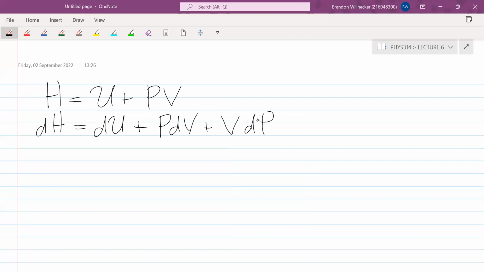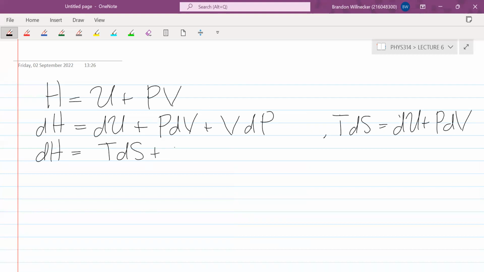Okay, so dU plus P dV, we can use our thermodynamic relation to rewrite that. So remember, T dS is dU plus P dV. So dH is equal to T dS plus V dP. And that's one way of writing dH.